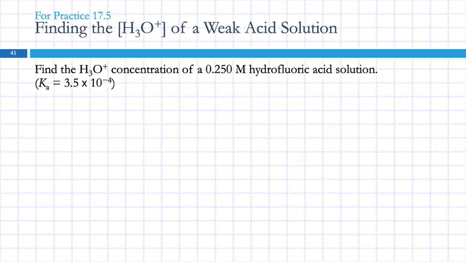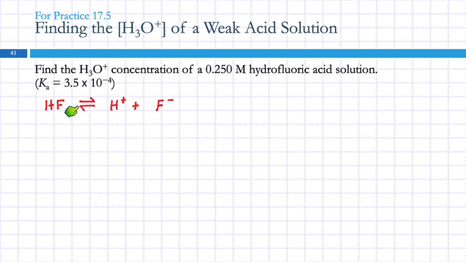So let's do an actual example here. Find the hydronium ion concentration of a 0.250 molar hydrofluoric acid solution. So this is going to require an ice table. So I'm going to write the equation here, and I'm just going to do it more shorthand.